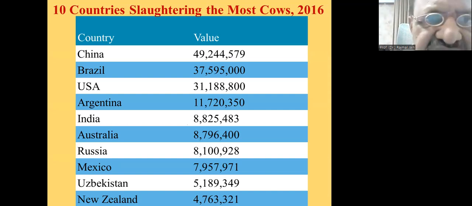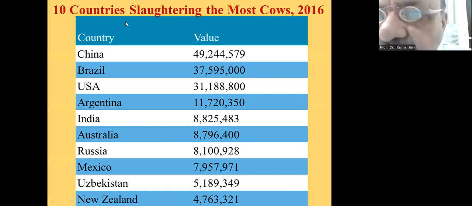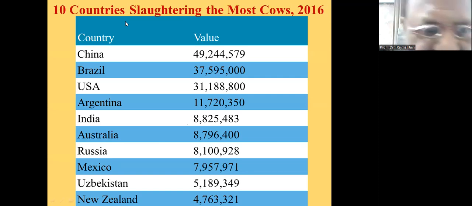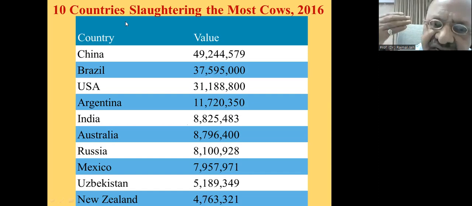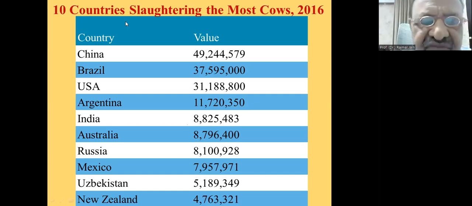This is for the slaughterhouses. You can see the top 10 countries which are slaughtering the most cows. You can see that even India's number is there. India's slaughterhouses are there, and animals are being killed. But India also sells livestock directly all over the world.